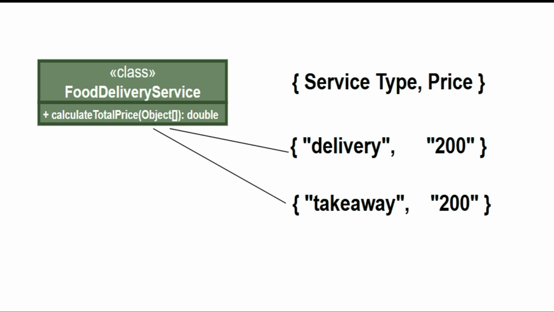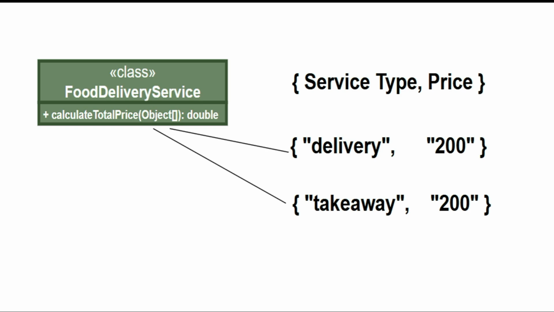I will create one class which would be food delivery service, and in this class I will create one method named calculate total price, and this method is going to accept the delivery order or takeaway order arrays.